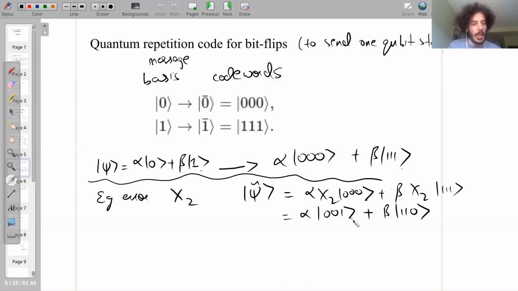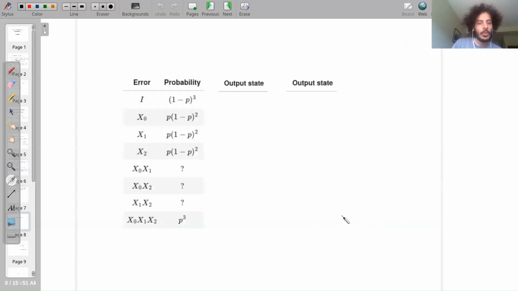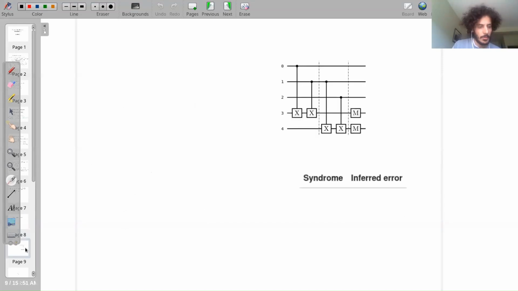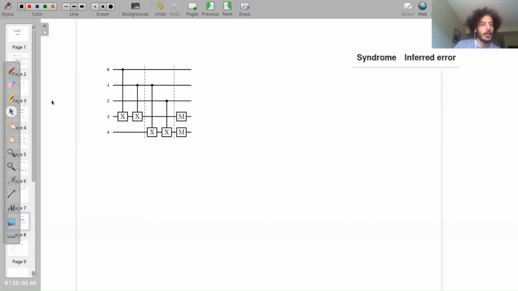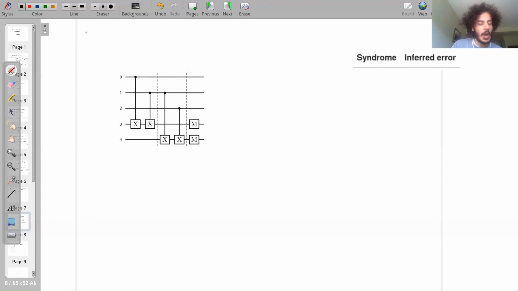To do that, we look at this scenario. What we do is a syndrome measurement.